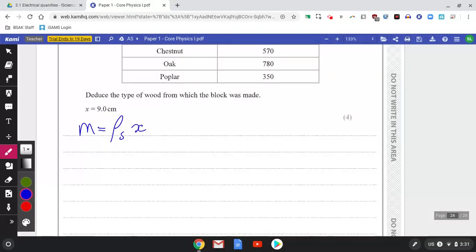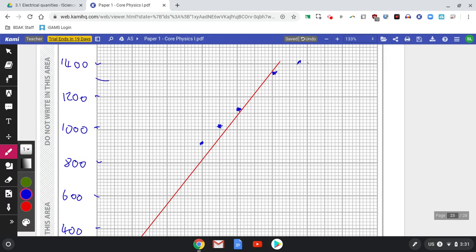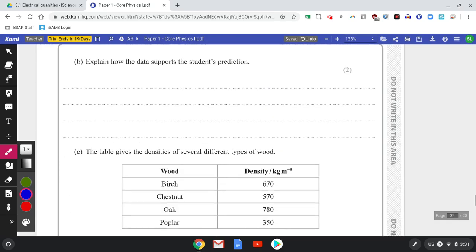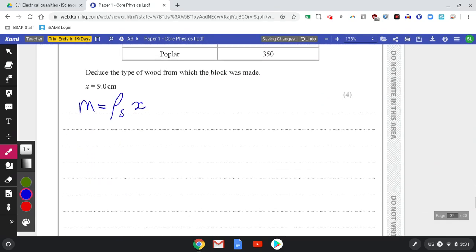So yeah, I think it goes up 1500 for 30 across. So the gradient is 1500 over 30. That equals rho s times, in standard units, 9.0 times 10 to the minus 2.